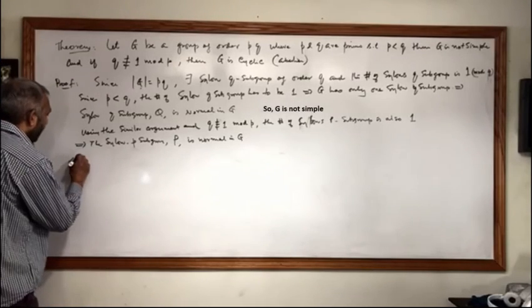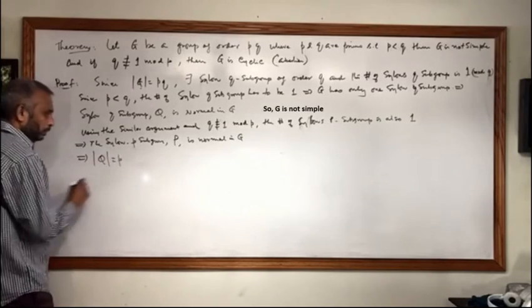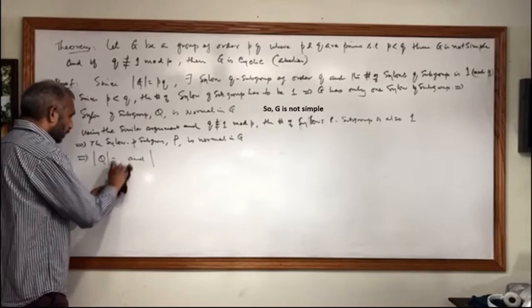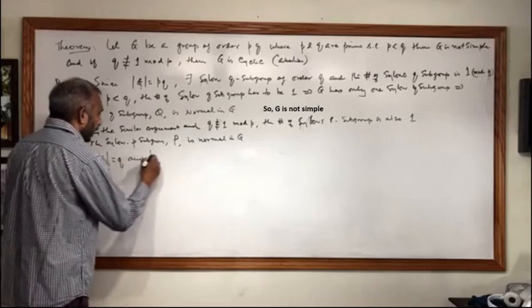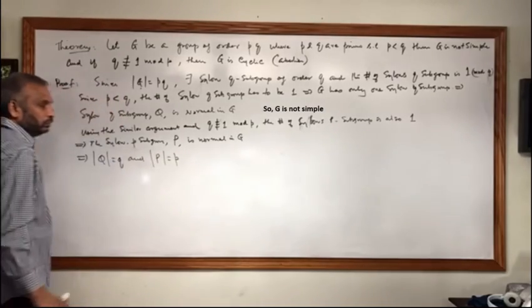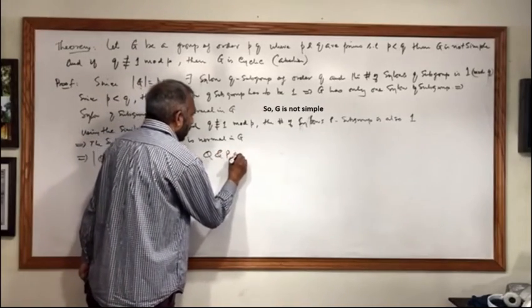So this implies the order of Q has to be Q, and the order of P has to be P. Implies Q and P are cyclic.